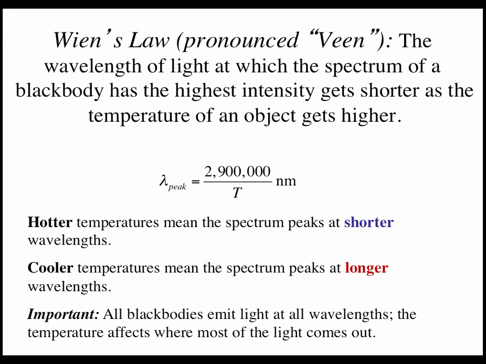Shorter wavelengths are bluer light, longer wavelengths are redder light, so the bluer something is, the shorter the wavelength at which it's glowing, the hotter it is. And that's what we saw on the previous page. Yellow is a shorter wavelength than red, and so the yellow glowing object is hotter than the red object.